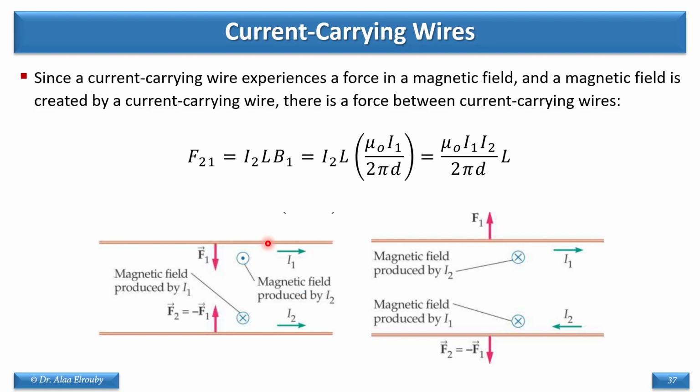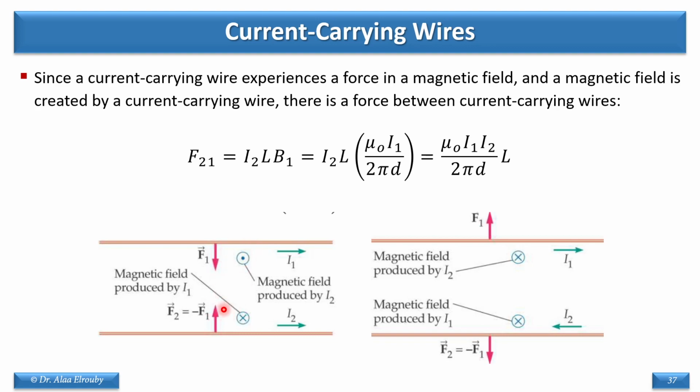So the current here is in this direction, it will generate a field around it, and this field can be defined by putting our thumb along the direction of the current, and the fingers will be rotating in the direction of the magnetic field. So I1 will generate a field that is going into the screen at the position of I2, and I2 will be generating a field that's going out of the screen at I1.